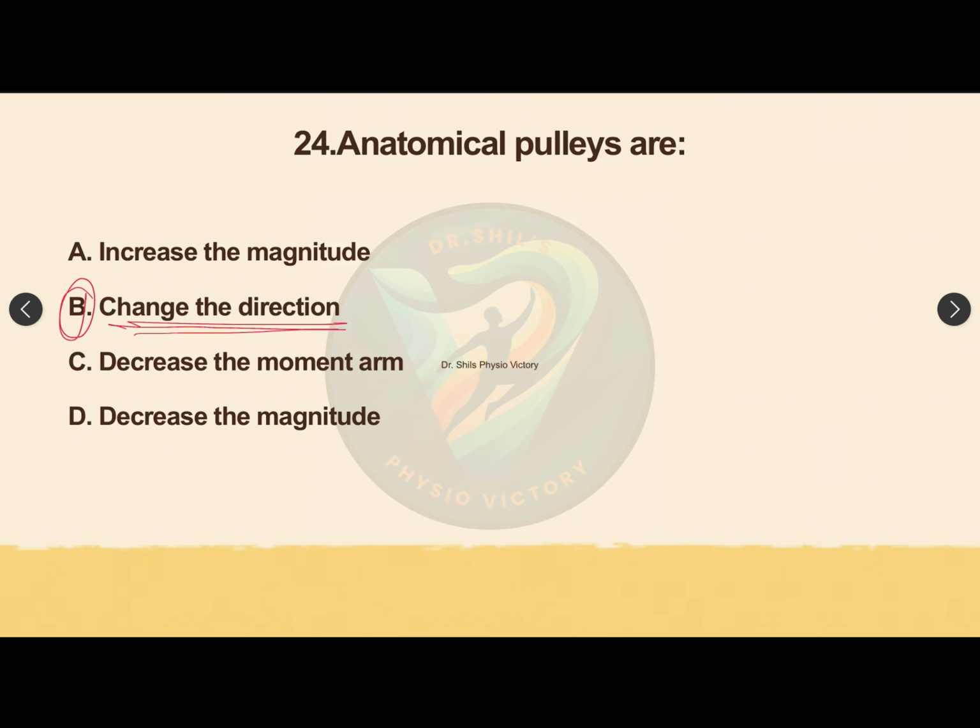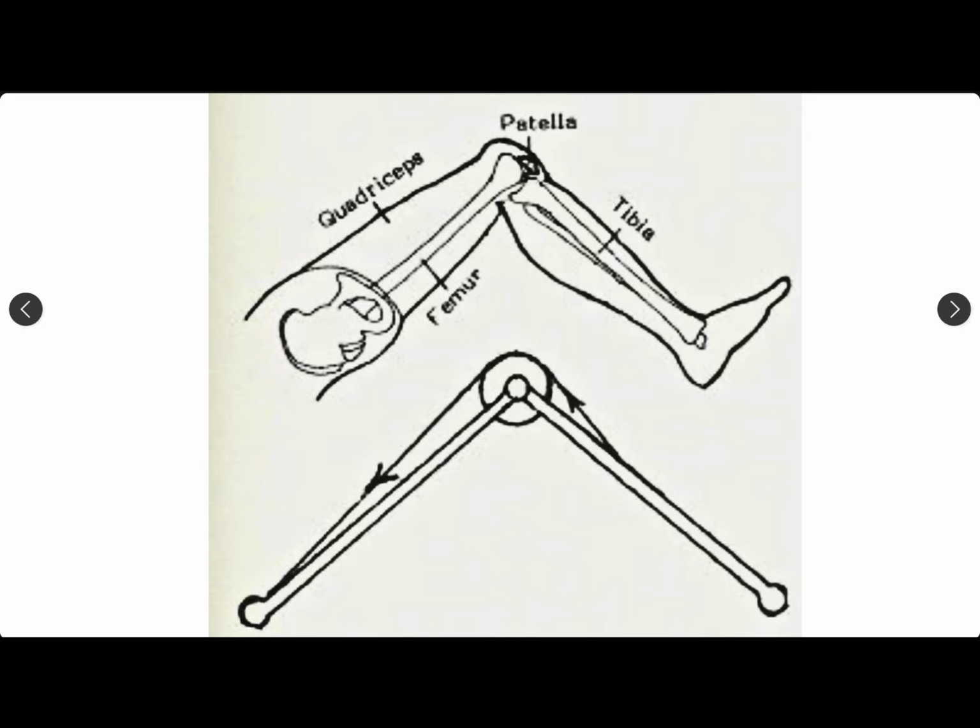Anatomical pulleys are bony prominences that redirect muscle force and improve mechanical efficiency. Example, patella, which is present in the quadriceps tendon. So this basically changes the direction.